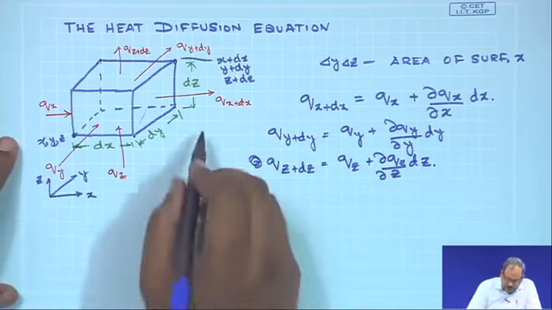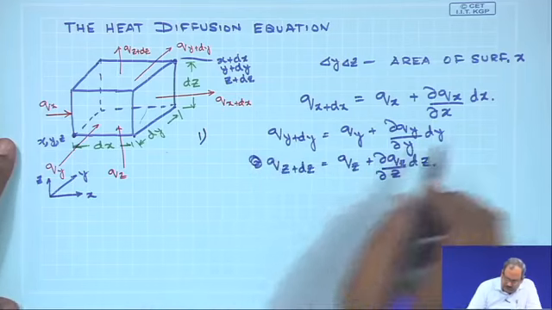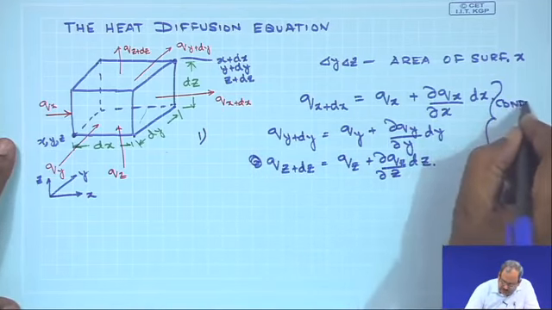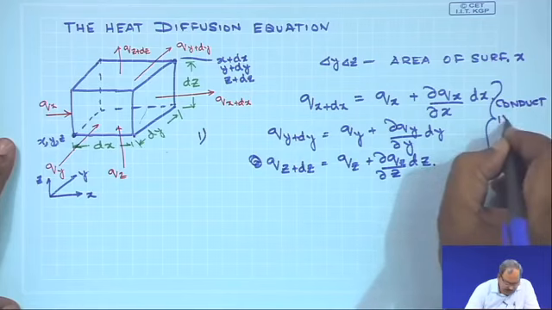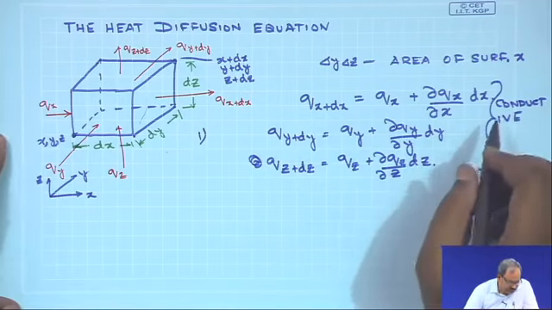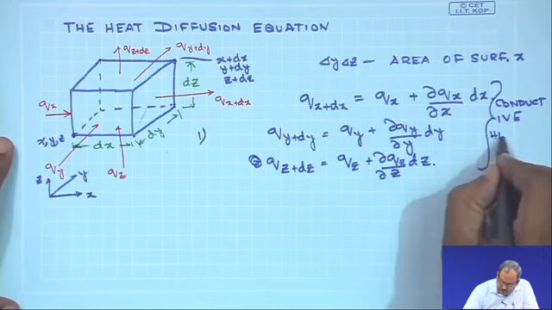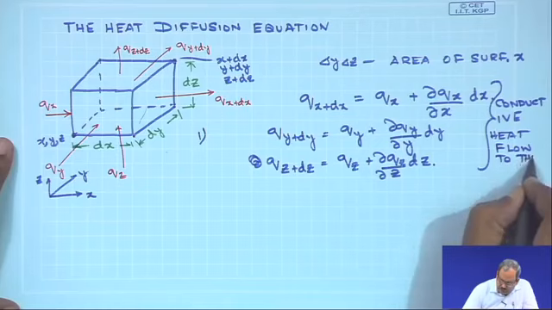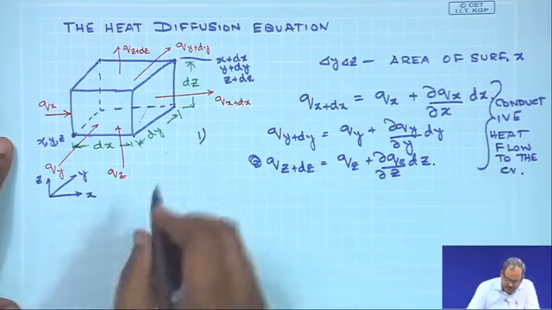Okay. So, this is the first thing, these are essentially the conductive heat flow to the control volume.